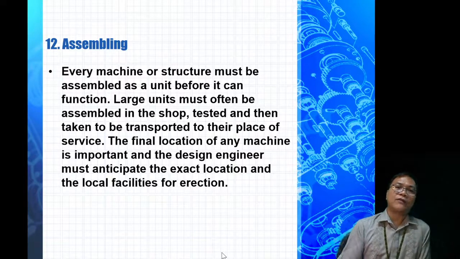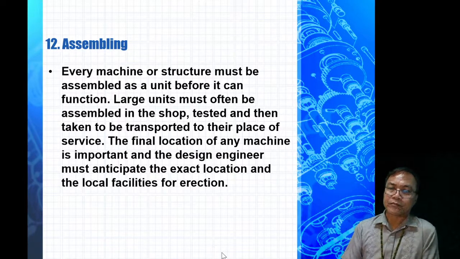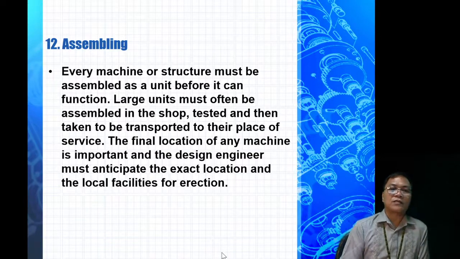For example, if you have a very large unit, a big machine system, with machines bigger than the transport truck, the consideration is that it should be dismantled into different parts. But here you should be assured that it is working before it is transported.